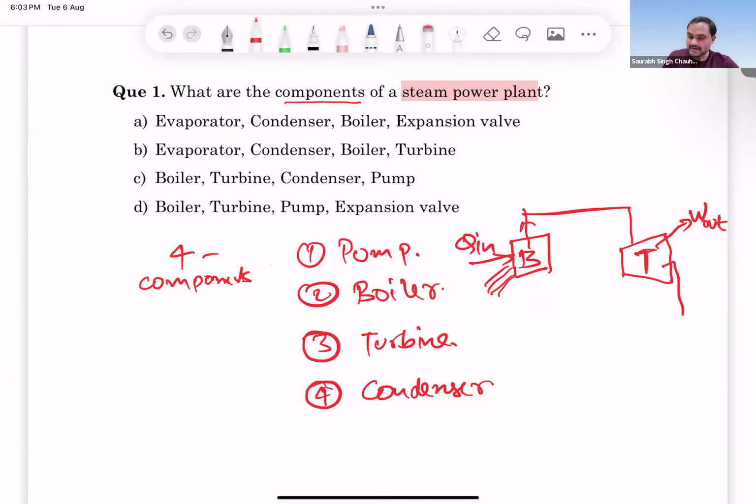After the turbine, at the turbine exit, we get low pressure steam. Then this low pressure steam passes through a condenser where it condenses into liquid water.